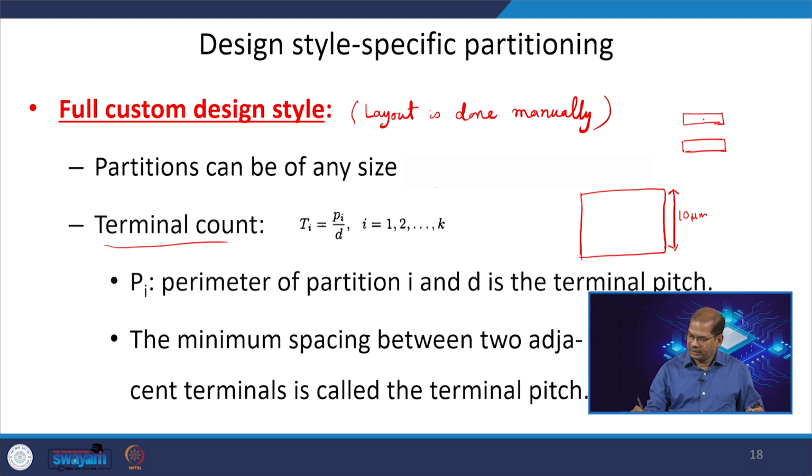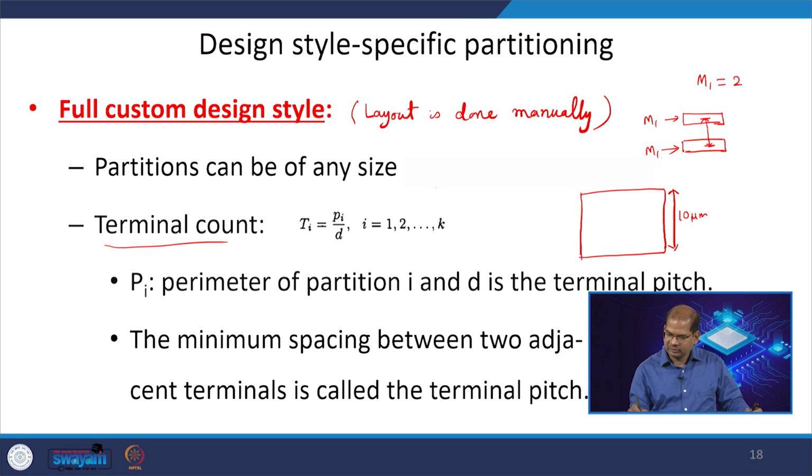The pitch from metal one to metal one I need to find out, the middle of this metal one to the middle of the other metal one. Let us say it is 2 micron, so the M1 pitch is 2 micron.